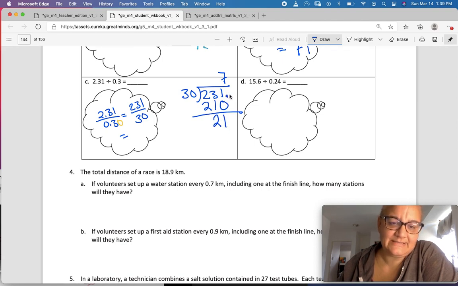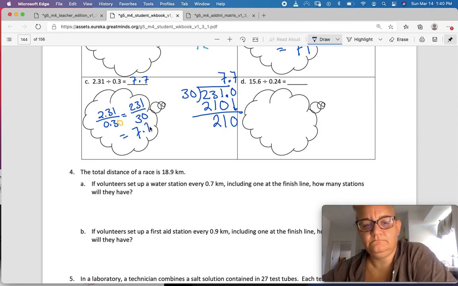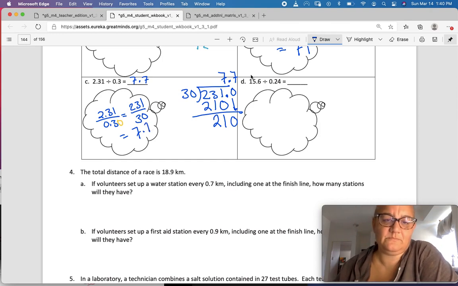And I can add a 0 and bring that down. And I'm going to add a decimal point up here in my answer. And 30 goes into 210 7 times. So my answer is actually 7.7. Good.